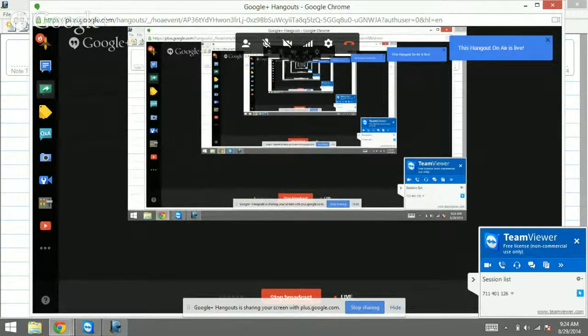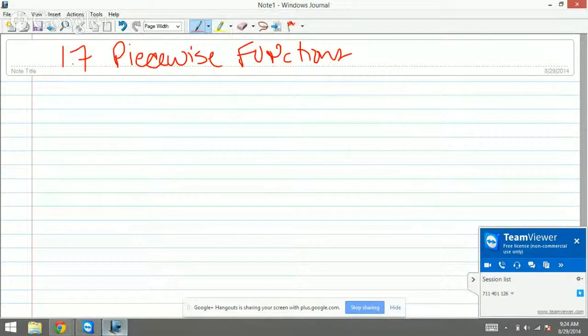Okay, so 1.7 piecewise functions. We've been over this a couple times. Basically, the big overview is you're graphing pieces of functions.